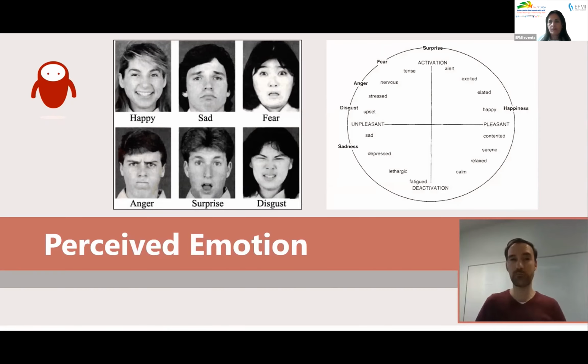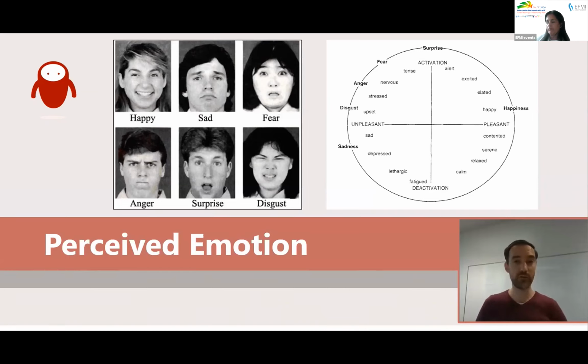So instead we looked at Russell's circumplex model of affect, where he essentially frames all the emotions that we can have on 2 different axes. On the horizontal axis in the picture, you see valence reaching from unpleasant to pleasant. And emotions on the unpleasant side include being sad or being anxious, and emotions on the pleasant side include being happy and being elated.